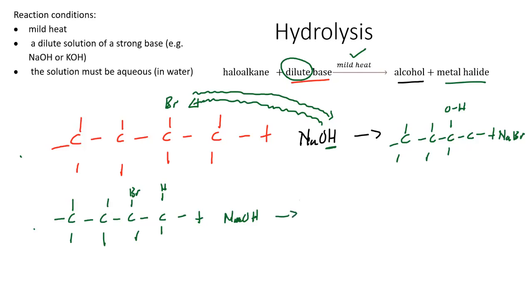So when it's strong and concentrated, you're not going to get an alcohol. No, you're going to get an alkene and a metal halide and water. Let me show you. Remember, in dehydrohalogenation, major product, Br and H on the right-hand side. We go 1, 2, 3, 4. Double bond there. They are.